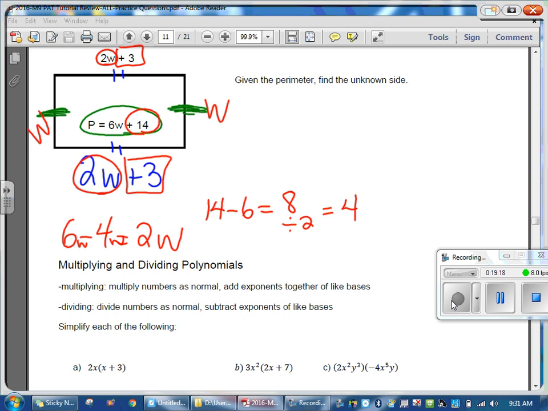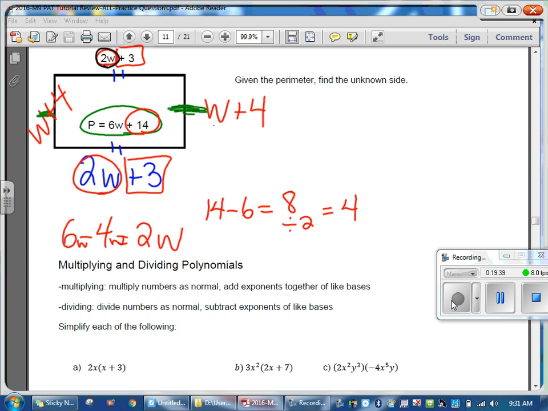Oops, not w plus w. W plus 4. So now if we go back and we count around the outside, so if I count around here, I've got 2, 3, 4, 5, 6 w's. Perfect. 6 w's matched.